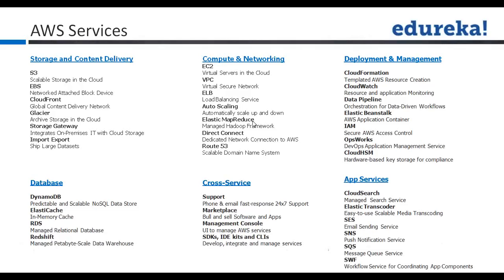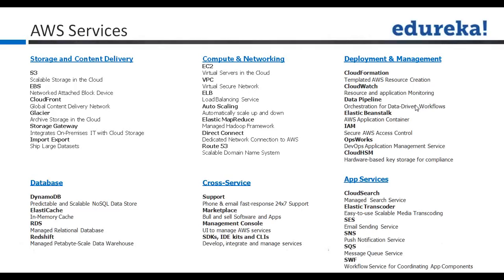Direct Connect is a network service offering from Amazon, available for the US, Europe, and I believe Tokyo, where you can connect directly from the internet service provider. You would have a direct connection between the Amazon data center, the internet service provider, and your organization, so you don't have to go through the public internet. Instead, you have a dedicated direct connect.